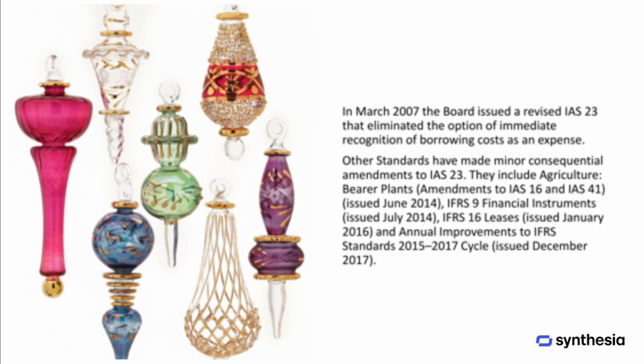Further changes came with the issuance of IFRS 9 Financial Instruments in July 2014 and IFRS 16 Leases in January 2016. Lastly, the Annual Improvements to IFRS Standards 2015-2017 Cycle, issued in December 2017, made additional refinements to IAS 23.